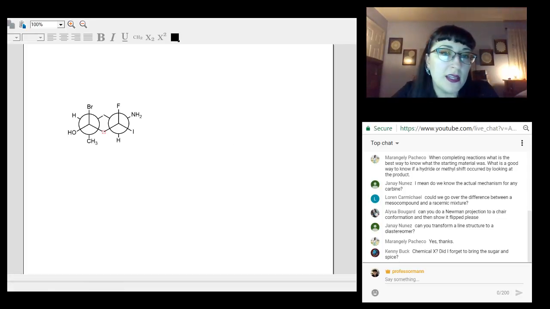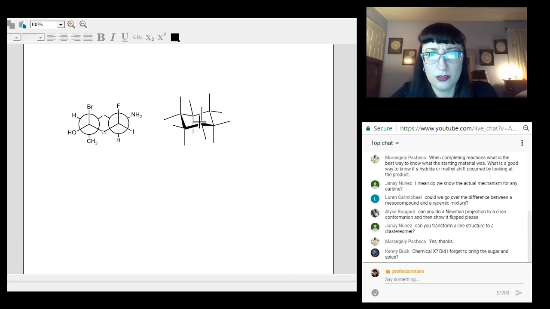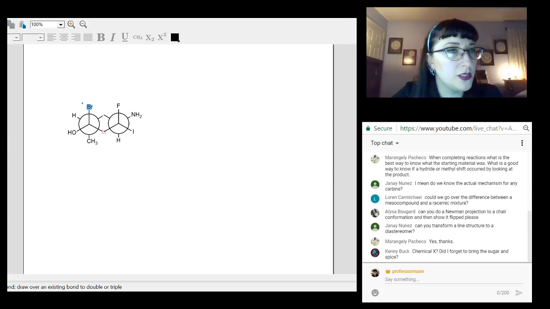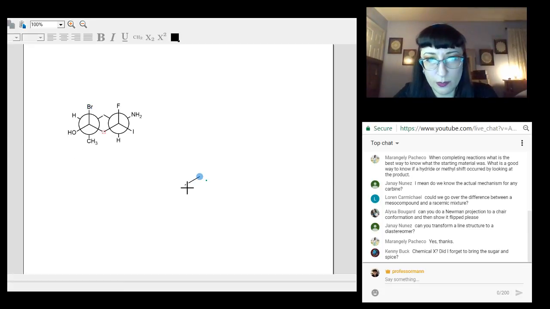So if you're looking at this on a Newman projection, the easiest way to go about doing it is to find my... Okay. You guys aren't used to seeing cyclohexanes drawn that way. Let me just see if I can do this by hand.